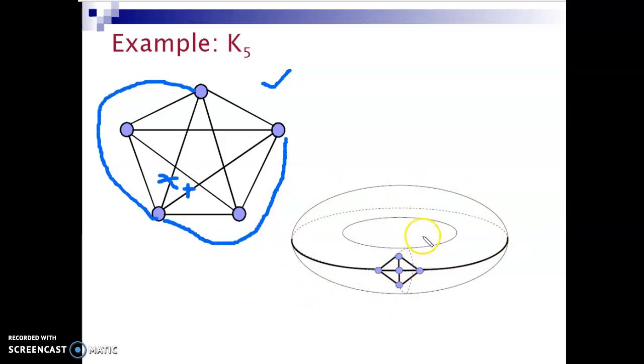We will have this discussion later, but you see basically a donut shape, which we call a torus. We show that actually K5 can be embedded on the surface of a torus.